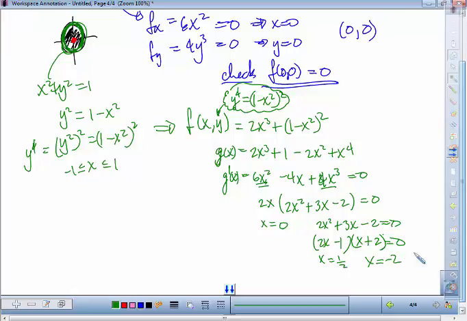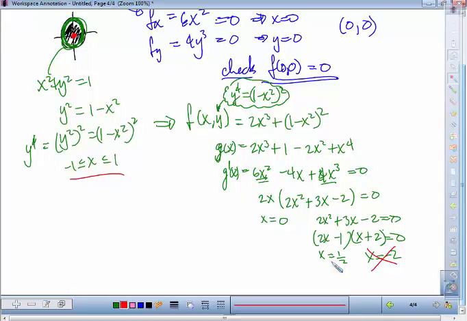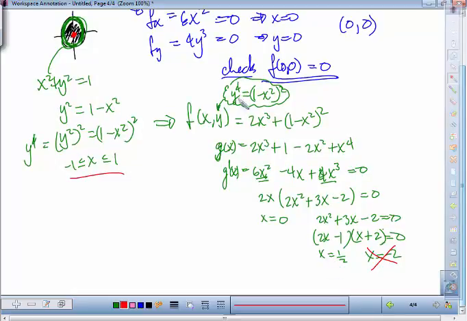Well, the good news is that we can knock off one of them because this is not in the domain. But we have 1/2. That 1/2 would go into this function to figure out our y value.